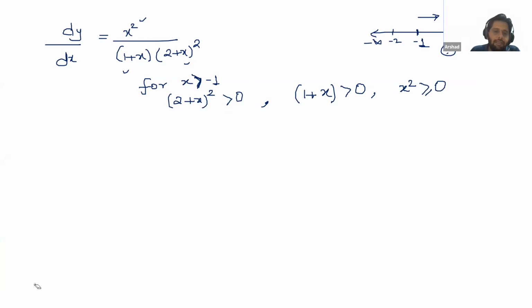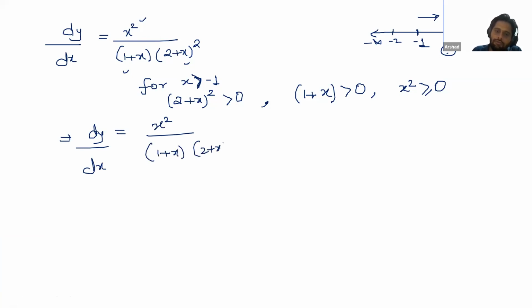Now we will finally analyze the complete expression. So this implies dy by dx. Please check here. This numerator can be greater than or equal to 0. Denominator is only greater than 0.